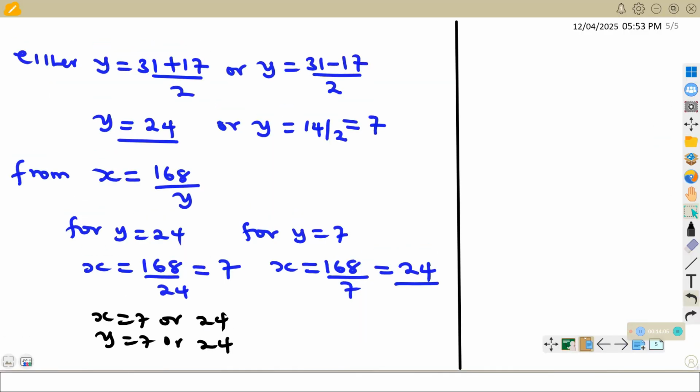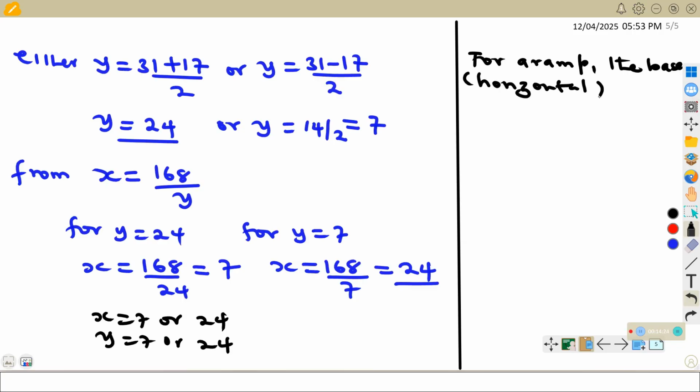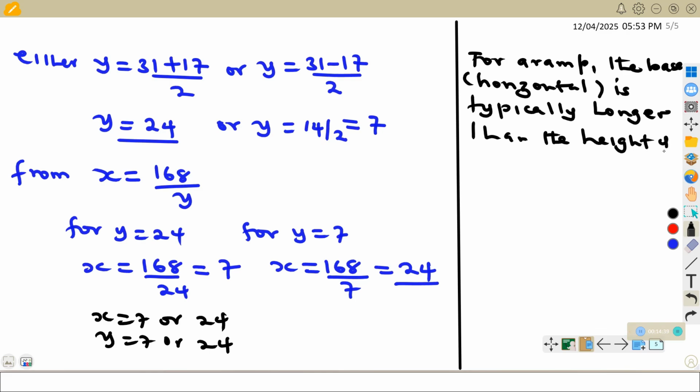So for a ramp, what we need to note here is that the base, or what we call the horizontal, should typically be longer than the height.